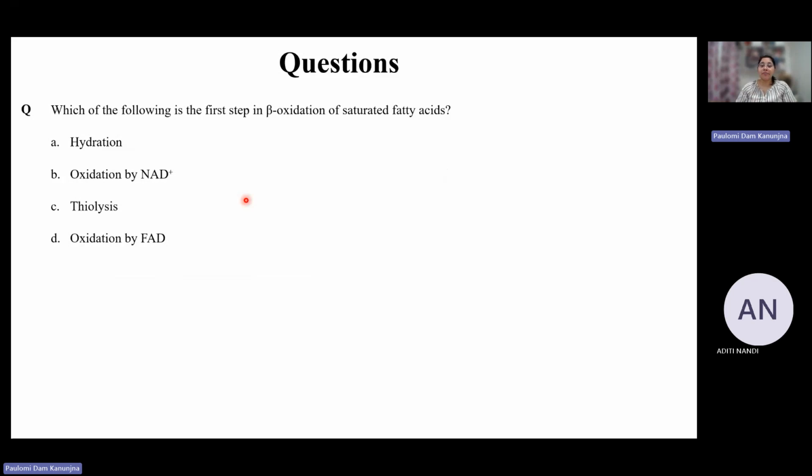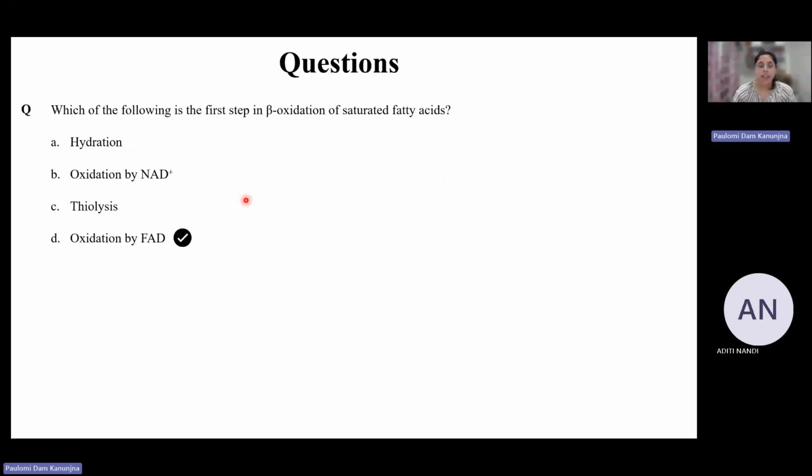Now, which of the following is the first step in the oxidation of saturated fatty acids? D, correct.